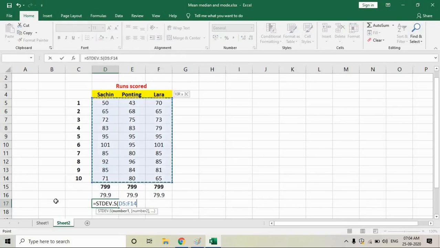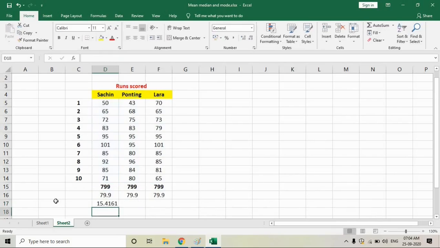And let's try this. And you can see the standard deviations of these three batsmen. Sachin's standard deviation is 15.41 and Ponting 15.87 and Lara 12.09. And from this we would conclude that the batsman with the least standard deviation can be considered as the most consistent one, because that series is not very much stretched.